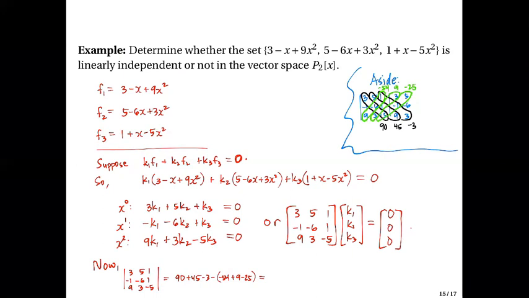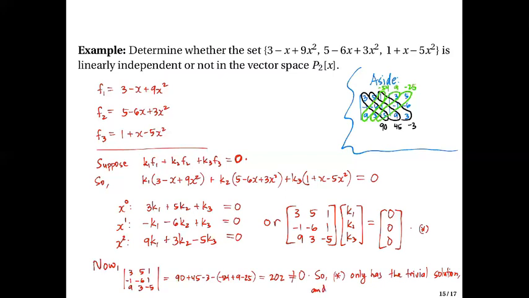So we get 202. This tells us that the determinant is not equal to 0, which means this guy here only has the trivial solution. So star only has the trivial solution, and therefore this set F1, F2, and F3 is a linearly independent set.